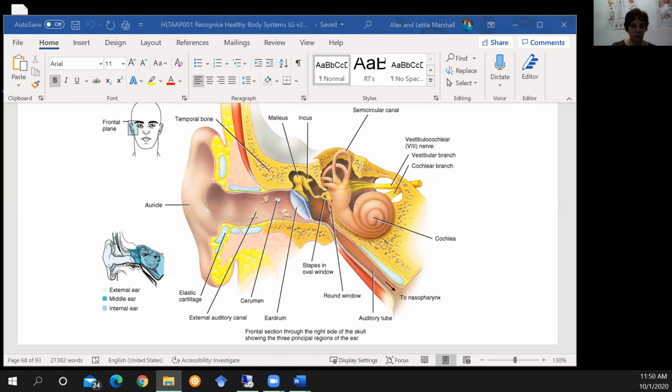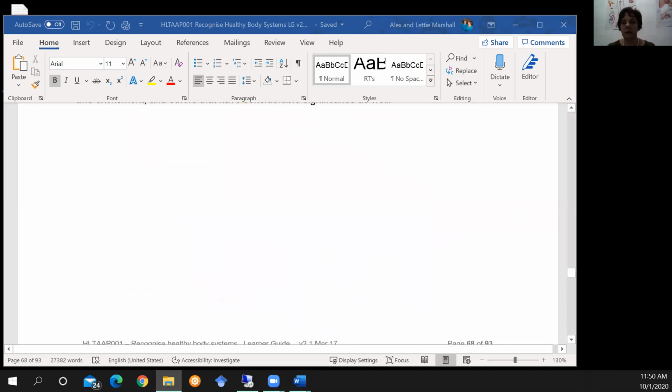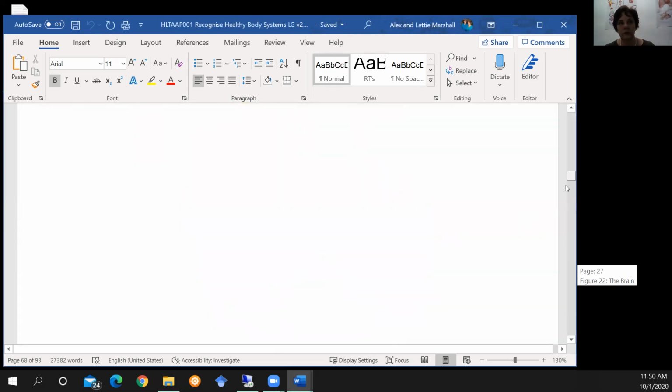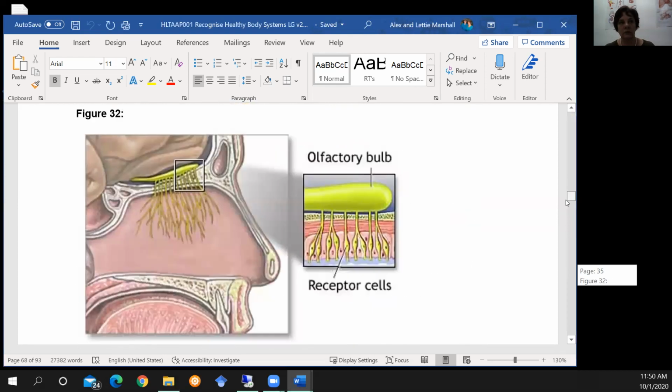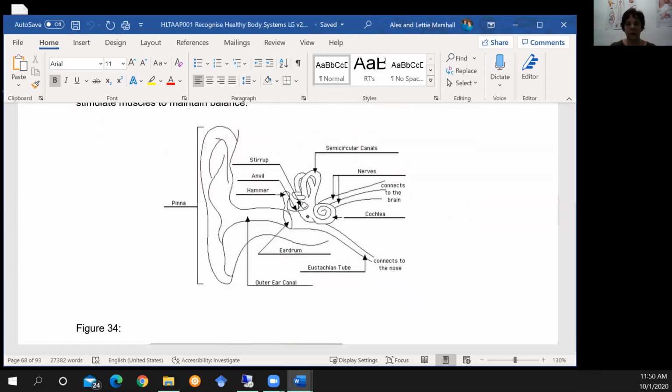Make it a tiny bit easier. Page 36. Oh, there we go. Page 36.